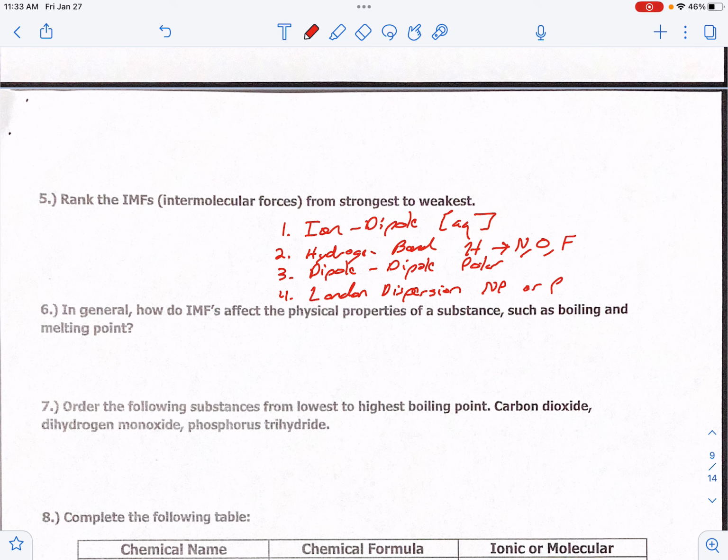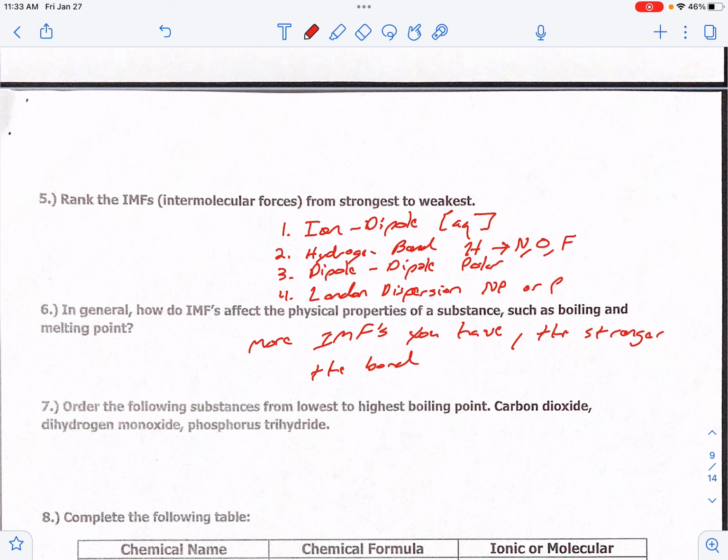Okay, in general, how do IMFs affect the physical properties of a substance, such as boiling point and melting point? Basically, the more IMFs you have, the stronger the bond. Now, when you have a stronger bond, that's going to take more heat or more energy to break that up.